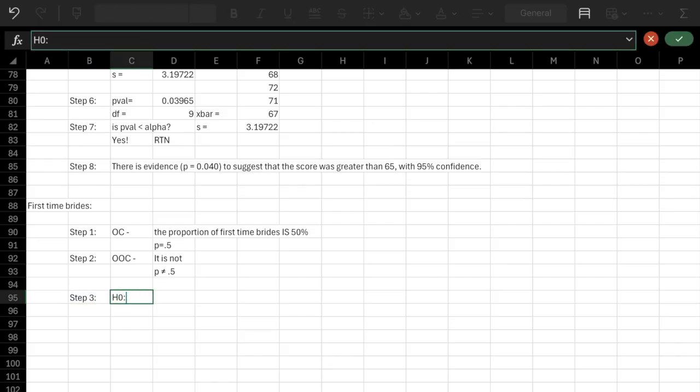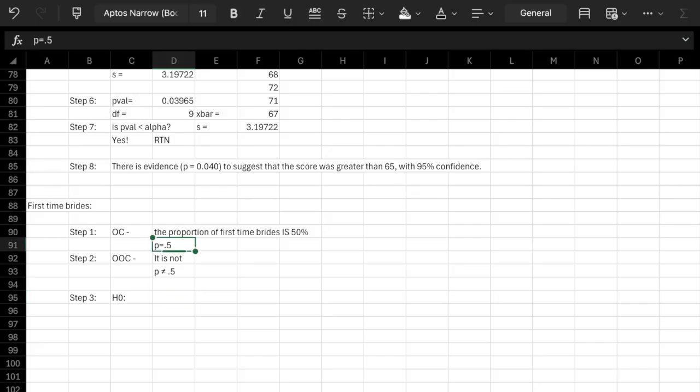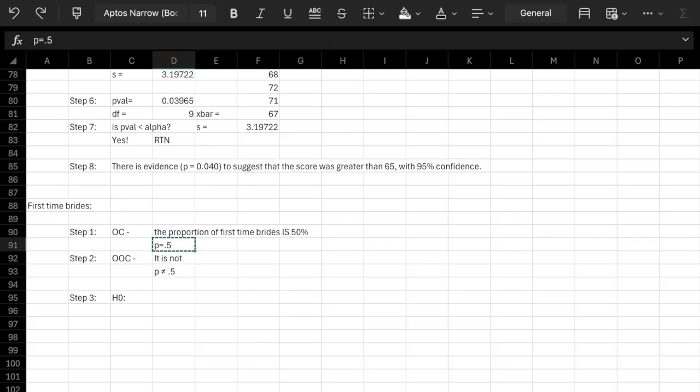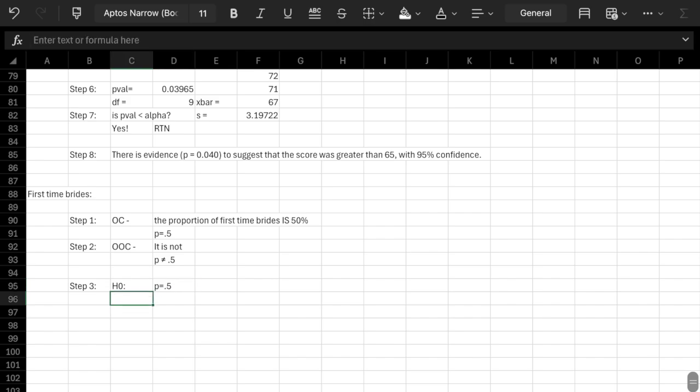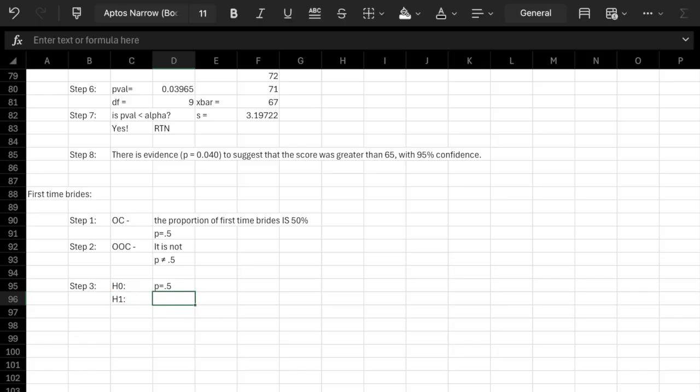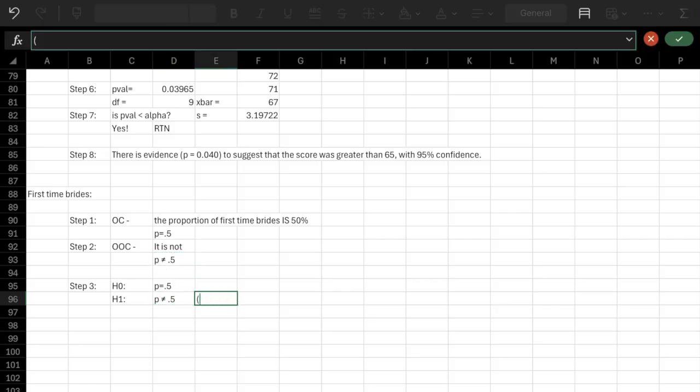Okay, step 3. Null hypothesis equals, let's see, that's going to be this one. Right? Because whatever one has equality becomes the null hypothesis. The alternative hypothesis is going to be the leftovers. So that's going to be this one. Command C, paste that. What are some things that this suggests? It's a two-tailed test.